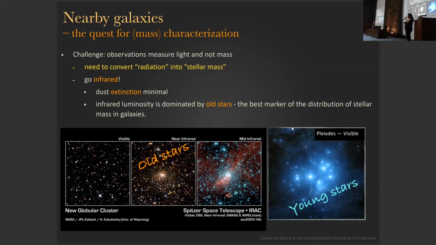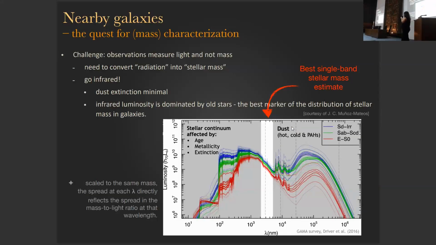But when you want to trace the bulk of the stellar mass of a system, you go to the infrared. The first was speaking through images, and here it's speaking through plots. This is a very nice figure that was part of Driver 2016, the GAMA collaboration.